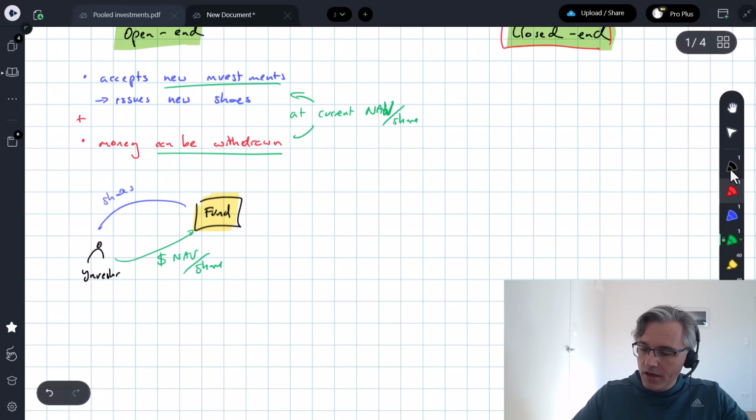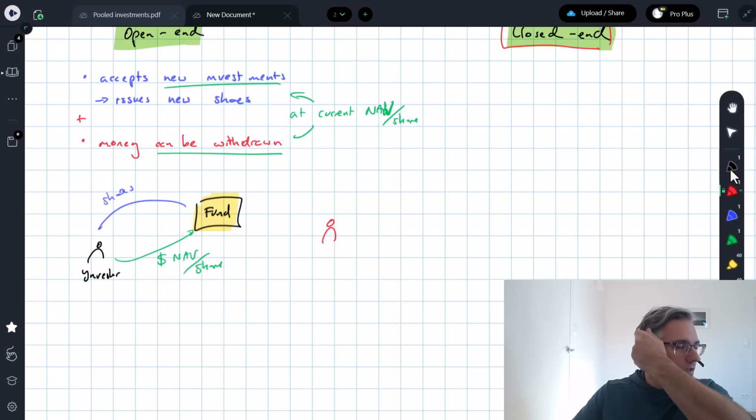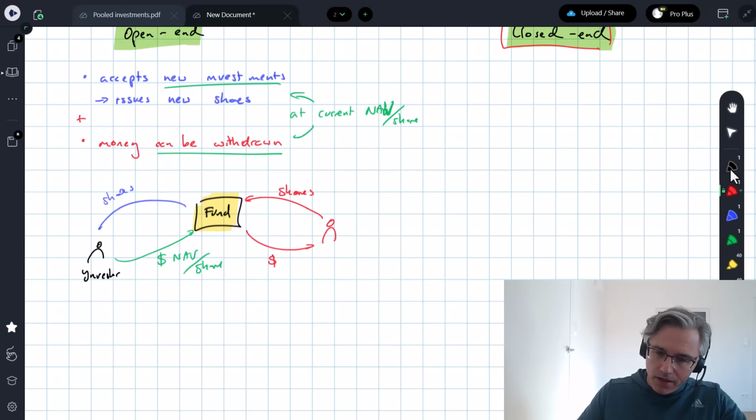at the time when you're making the investment. On the other hand, if you're an investor trying to withdraw your shares, let's say sometime later, you'll give your shares back to the fund for redemption, and the fund will pay you out an amount equal to the current NAV per share. Now, of course, the two are not the same.